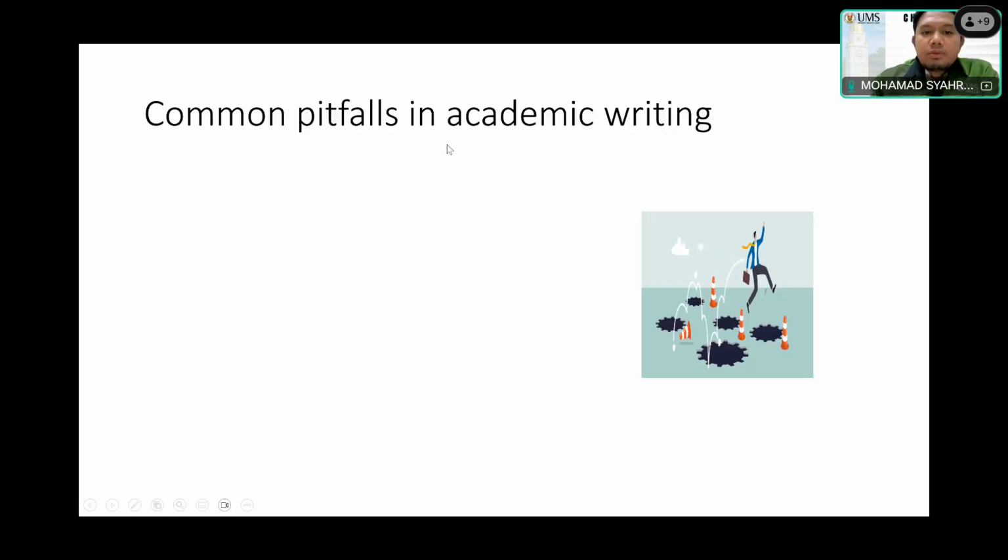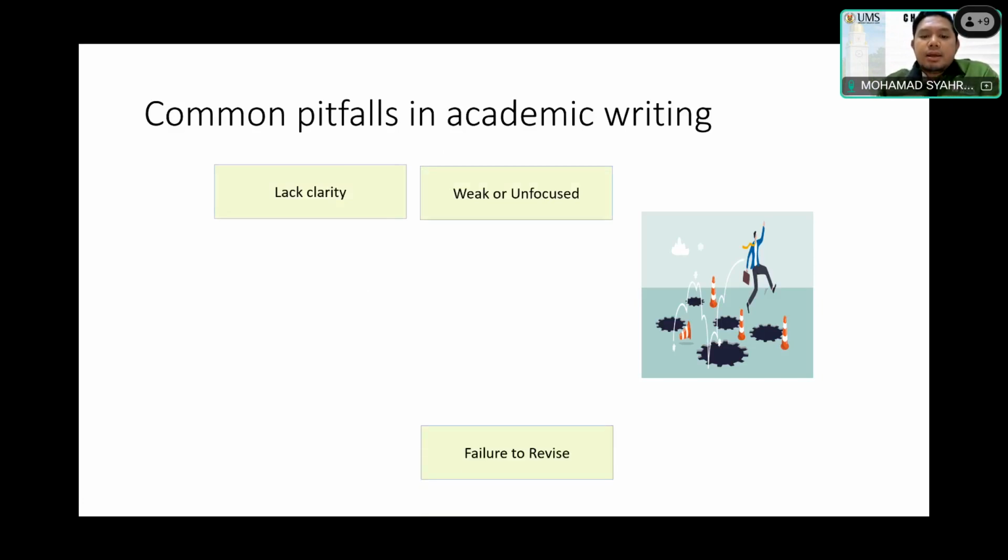So a common pitfall, why the paper got rejected, maybe due to lack of clarity, weak or unfocused writing, failure to revise. Yeah, of course, there is a period with a deadline for you to submit the revision and you fail to revise accordingly, maybe exceed the period.